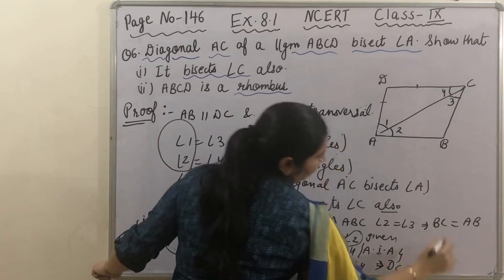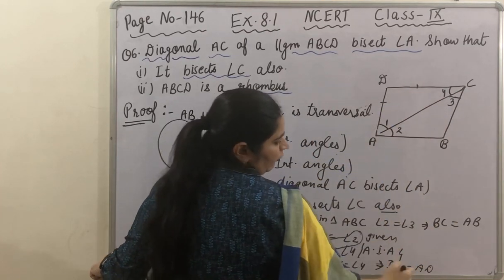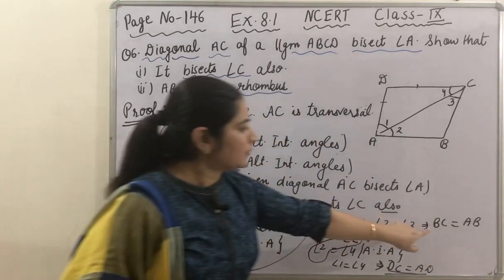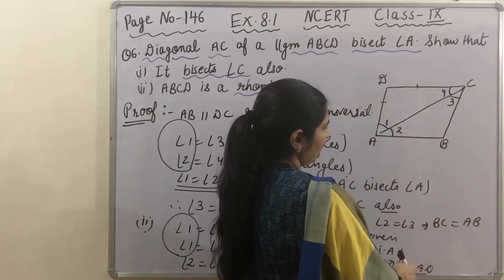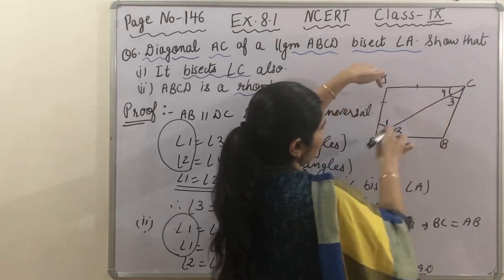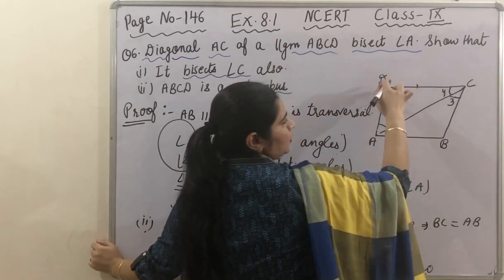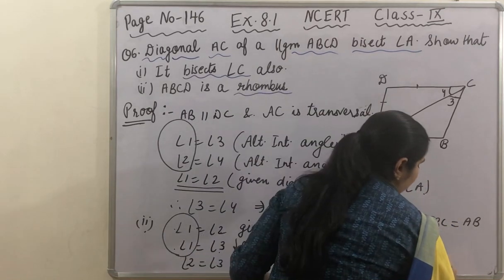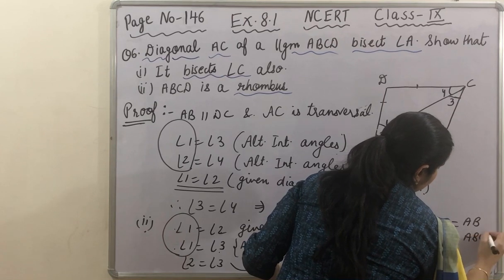Again recall the property: sides opposite to equal angles are equal. Here BC is equal to AB, and we have proved DC is equal to AB. These are the adjacent sides. When adjacent sides of a parallelogram are equal, it is a rhombus. Therefore ABCD is a rhombus.